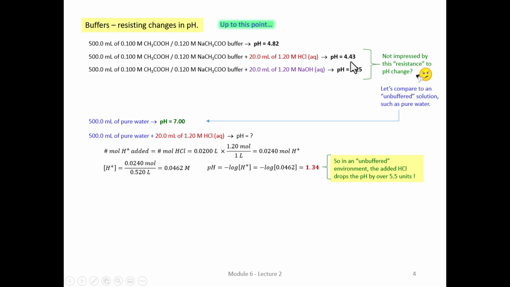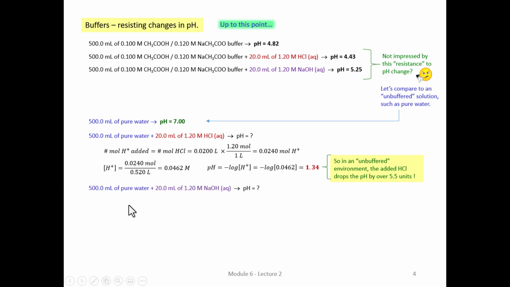Well, now you can be impressed because this buffer was certainly resisting the lowering of the pH by the added strong acid, because if you add that much acid to water and let the hydrogen ions you're adding just run wild and run the show, the pH drops to 1.34.